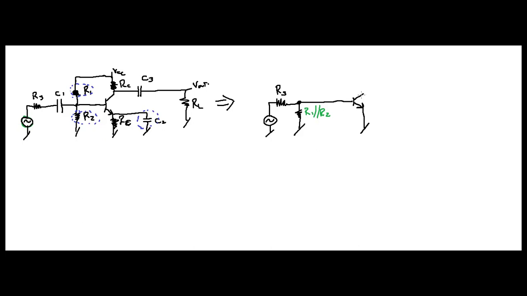Now, we have one part left. Talk about your collector, right? Remember, your collector resistor over here, notice this collector resistor was also connected to VCC, which is now AC ground. And RL is connected to ground. This is very similar to what you did with R1 and R2.